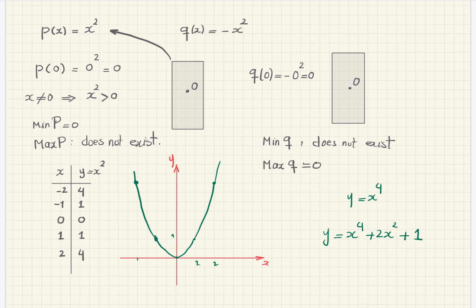This is symmetric with respect to the y-axis because if I change x to minus x, let us see what happens. Wherever you see x, put minus x. It becomes (minus x) to the 4 plus 2 (minus x) to the 2 plus 1. Okay, now tell me, what can I write a little bit simpler than this?